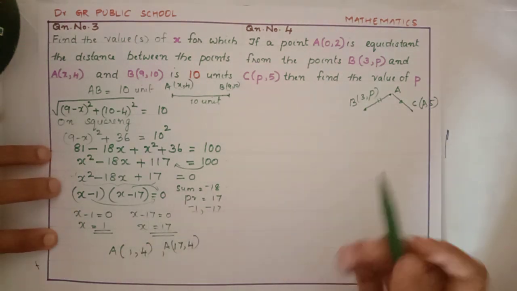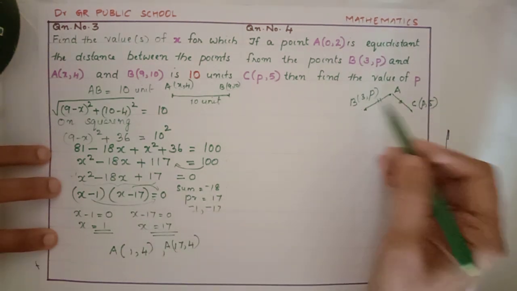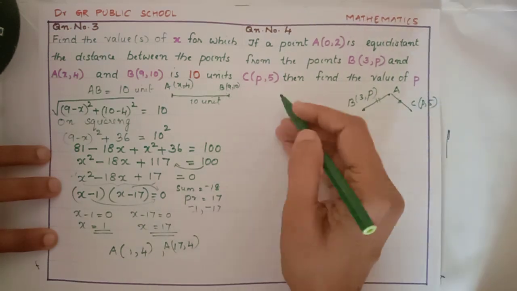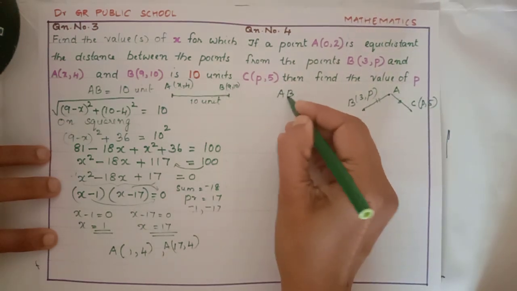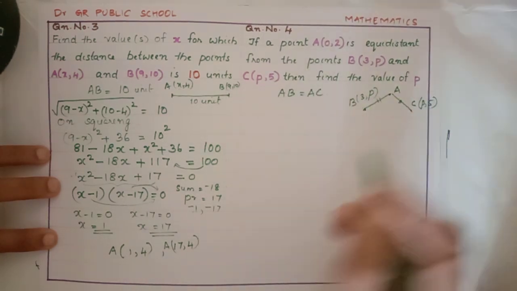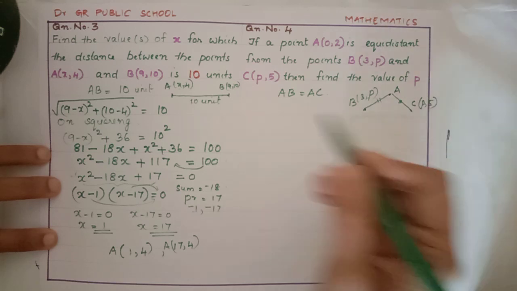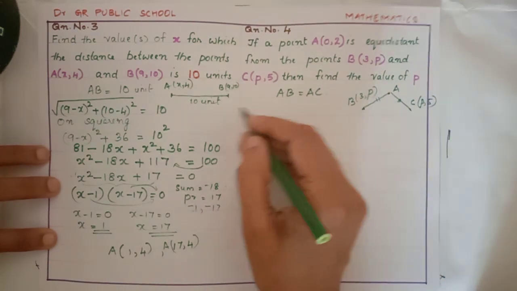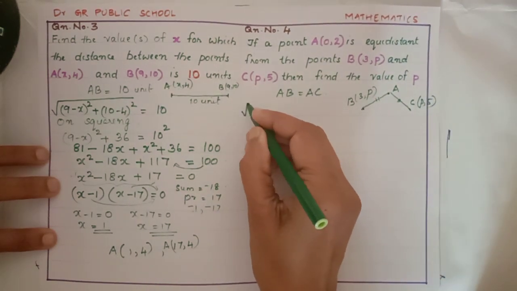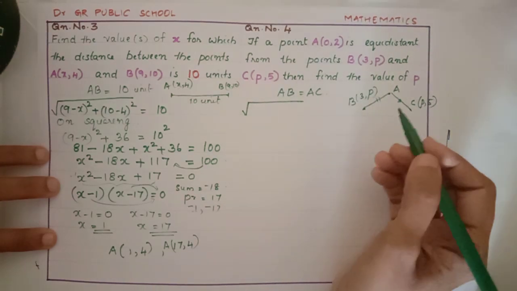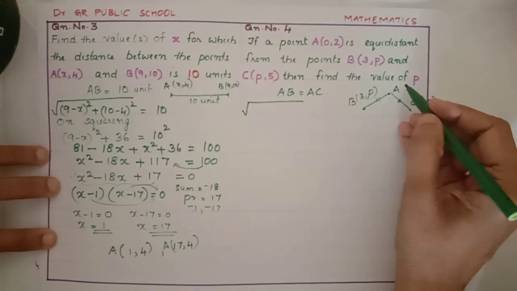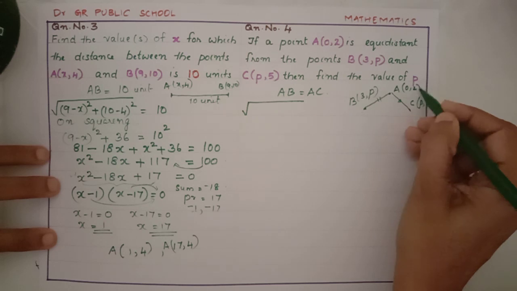Now we can say, since AB equal to AC. Now just like the previous questions, you have to simplify this and you will get the value of p. You have to write the formula in all the answers. AB can be written as, what is A? (0, 2). Isn't it?